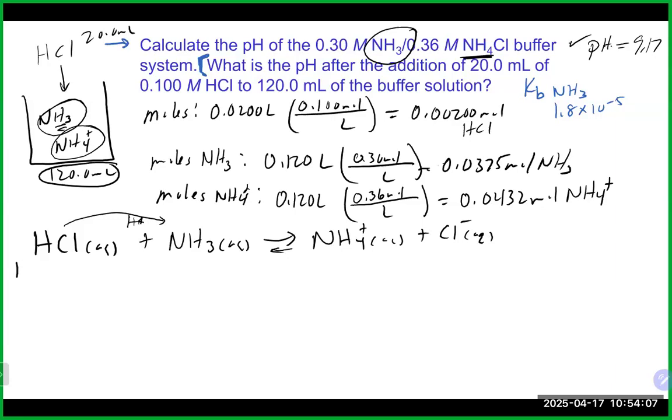So initially here, our moles of HCl are 0.002, our NH3 is 0.0375, I think it says. And again, very important, we do have some moles of our NH4+. Once again, if you leave that as 0, you're really not doing the correct problem here.